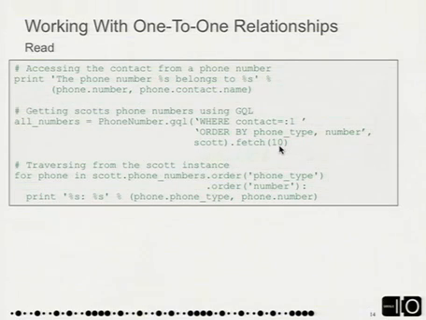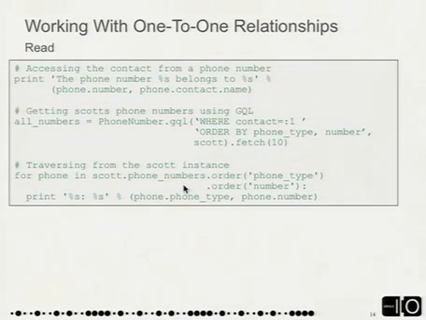But a slightly more intuitive way to go about retrieving information is to actually access that virtual collection that I described that was created when we specified the reference property on the phone number class. So here what we've done is iterate over Scott's phone numbers: for phone in Scott.phonenumbers. And now recall, this is another place where we return a query object.